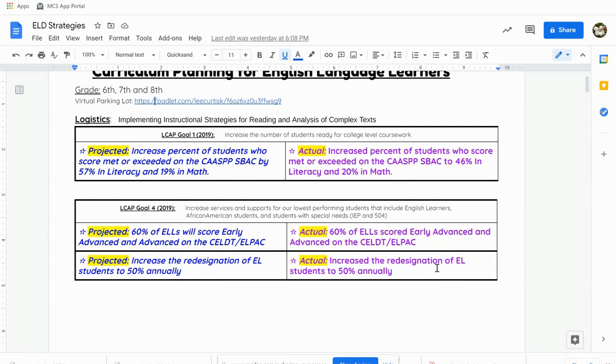As a reminder, this is where we were in 2019. We don't have 2020 goals because we were in COVID sanctions. But when we start talking about 2021 scores as well as 2022 scores, we want to make sure that we are seeing some progress. We don't want to have great dips.